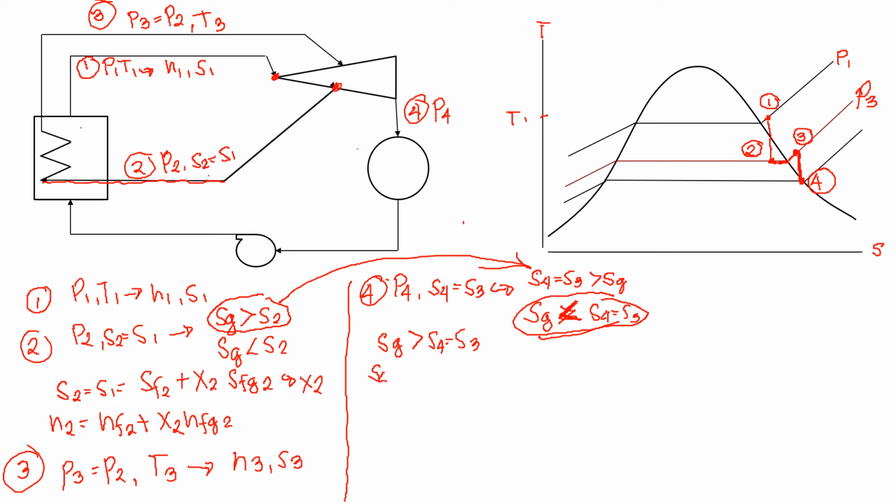So S4 equals S3 is equal to SF4 plus X4 SFG4. We can find the X4. With the value of X4 again, we will find the H4, which is equal to HF4 plus X4 HFG4.